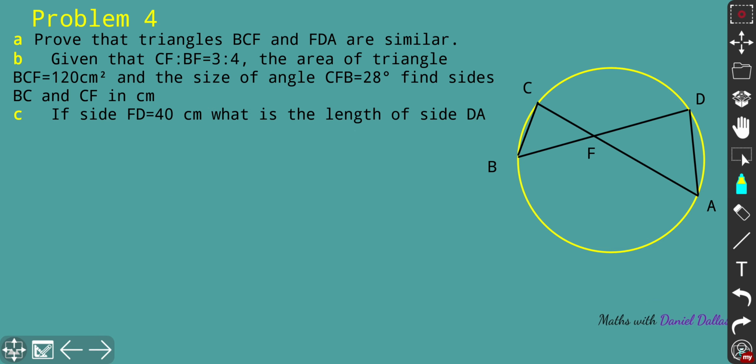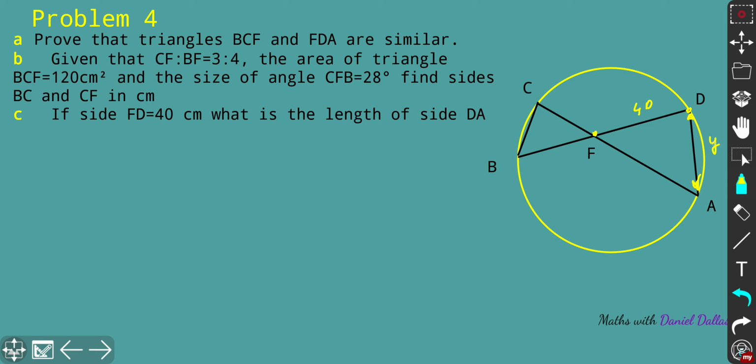So in part C, if side FD, from here to here, is 40 centimeters, what is the length of side AD? So we need to figure out that side. Let's put y for the length of the DA segment.